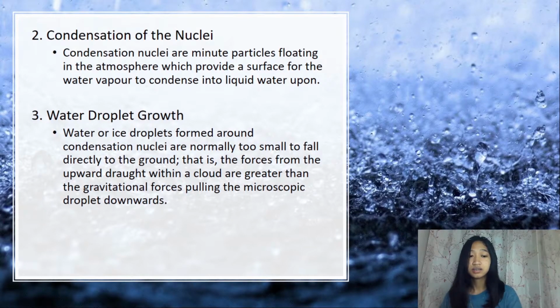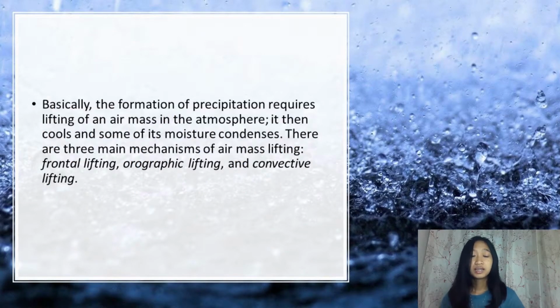Next is the water droplet growth, where water or ice droplets formed around condensation nuclei are normally too small to fall directly to the ground. That is, the forces from the upward draft within a cloud are greater than the gravitational forces pulling the microscopic droplet downwards.